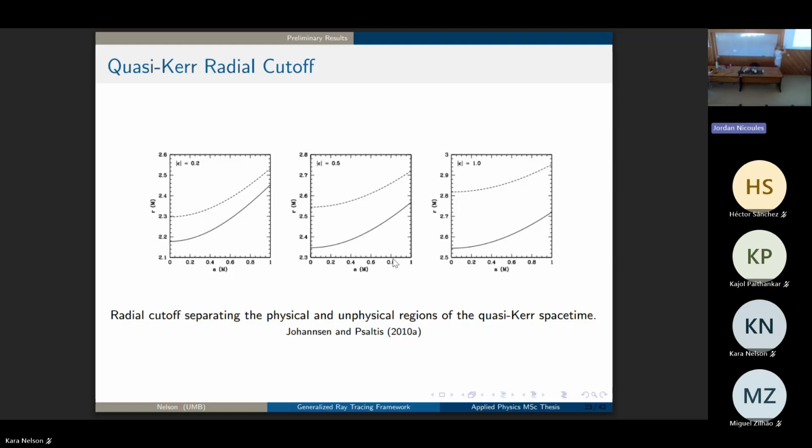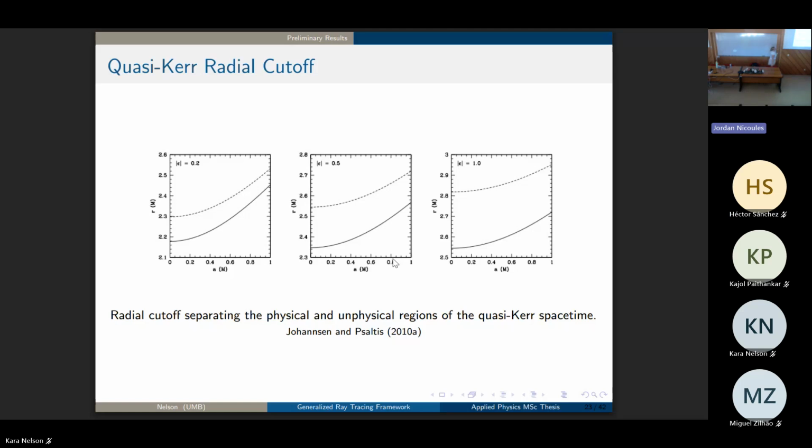We started with epsilon equals 0.5, which is what we're curious about, and spin equals 0.4. We chose 2.6 as our first radial cutoff, but since then we're working on making a function based off of what the spin is, what the epsilon parameter is, and what our radial cutoff should be, so we can get a little bit closer. But 2.6 should be fine.